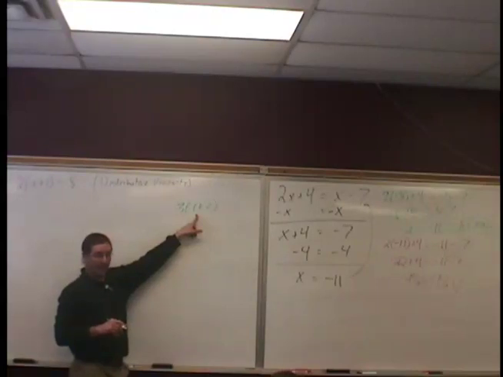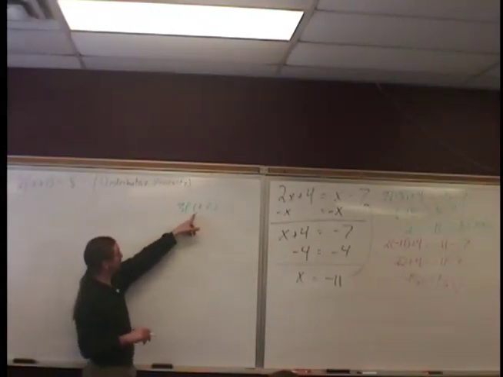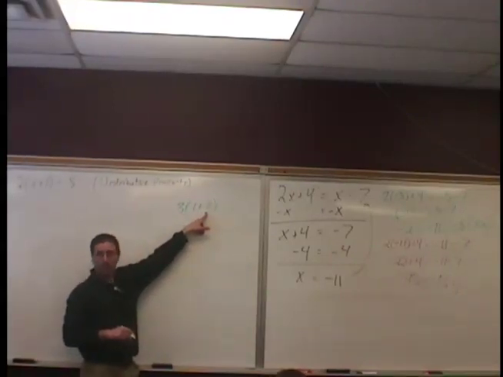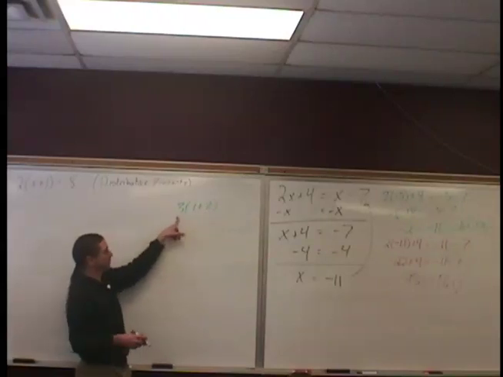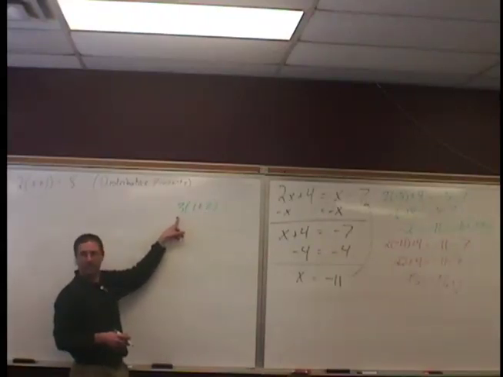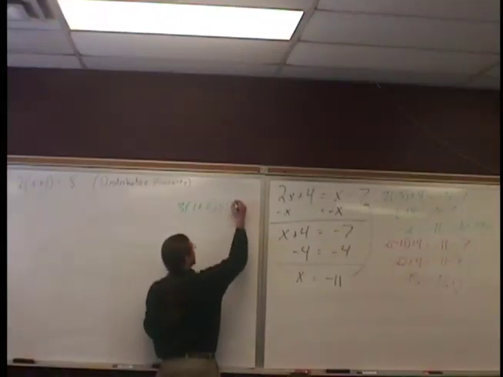You do the parentheses first, right? When you're evaluating, do your standard order of operations. You're going to do 1 plus 2. What's 1 plus 2? 3. Once you do that, then what are you going to do? Multiply by 3. 3 times 3 is 9.